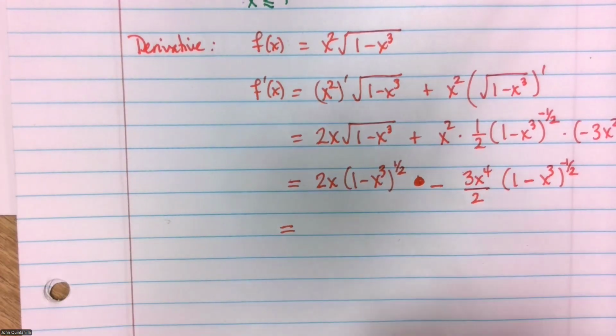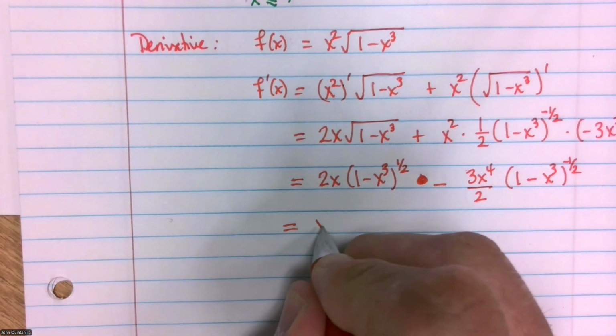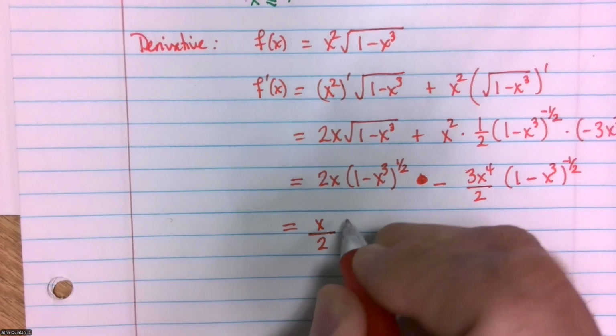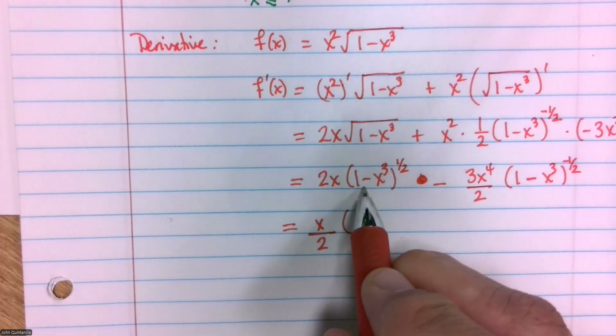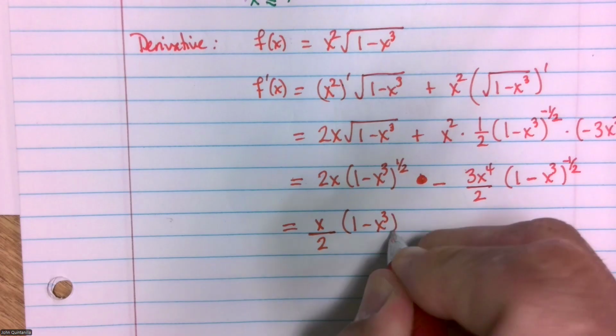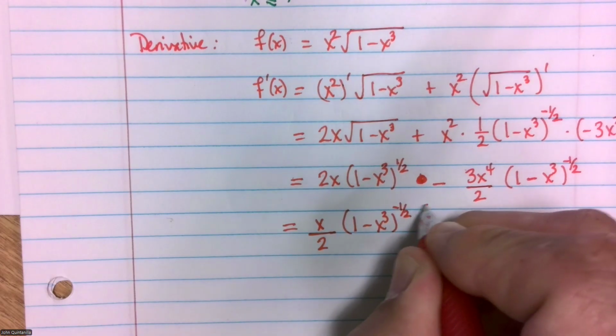So what should I do to factor this? Certainly I can factor out an x. I should factor out the 2 in the denominator. And I should also factor out the least exponent of 1 minus x cubed, so 1 minus x cubed to the negative 1/2.